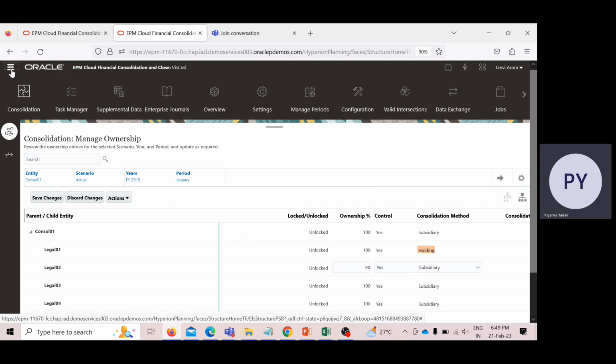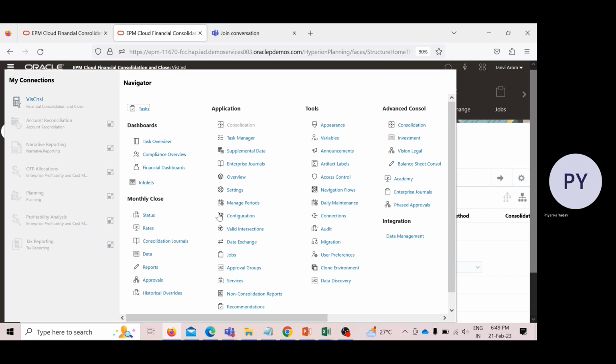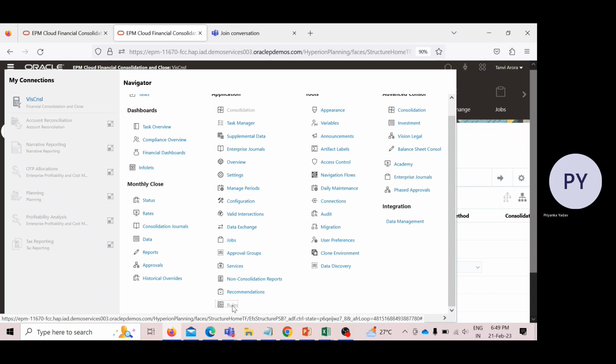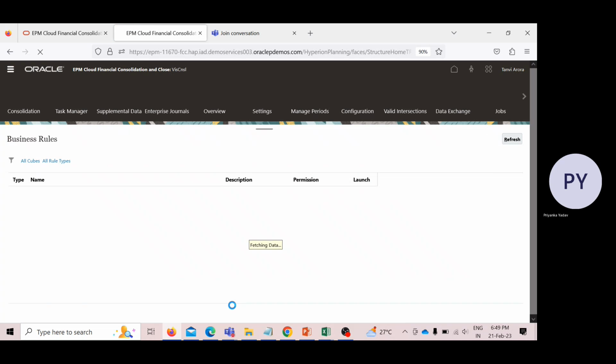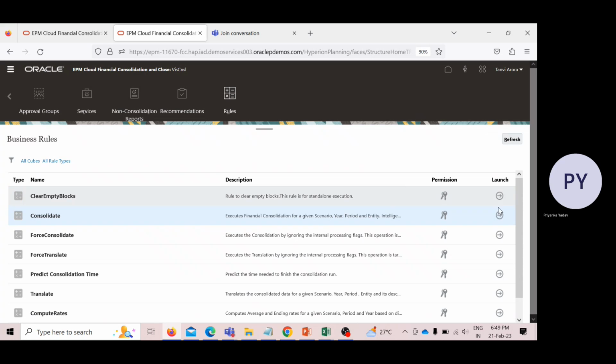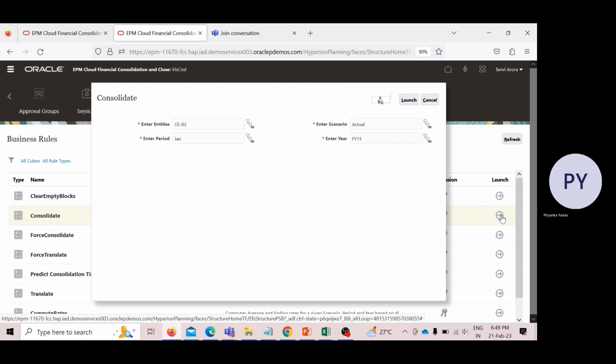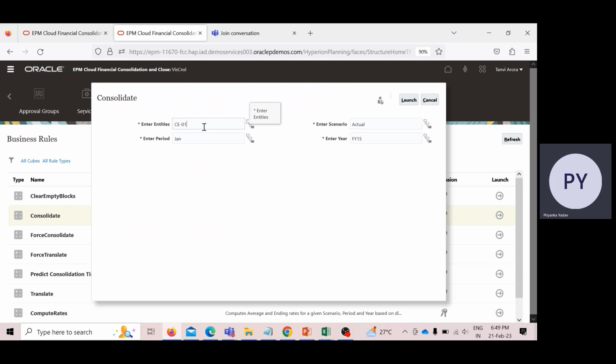Okay, now we will run the rule of consolidation. My entity is C01, period Jan, scenario actual, year is FY15.